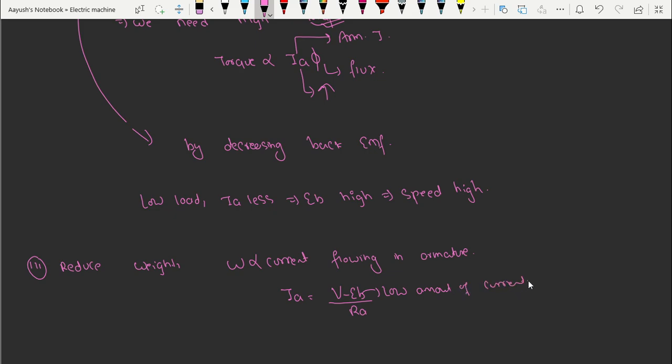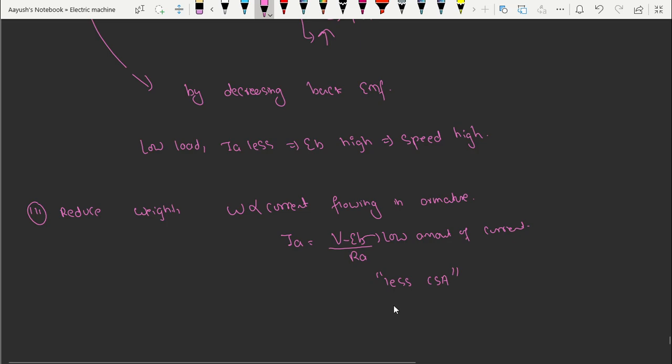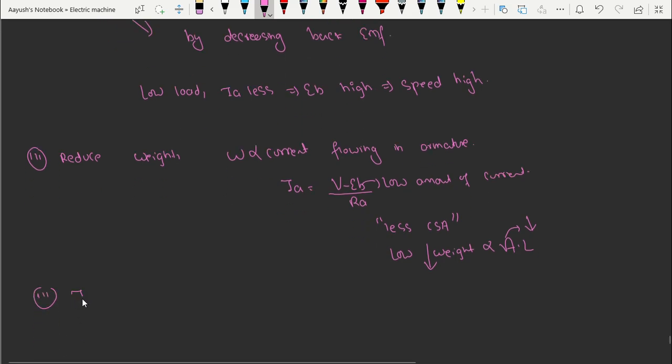So a low amount of current means less cross sectional area of the conductor, and less cross sectional area of the conductor means we need a low weight of the conductor, since weight is directly proportional to area times length, and this being low, obviously the weight would be low. So the next importance is to reduce the weight of the motor, and then the next one is to increase efficiency.